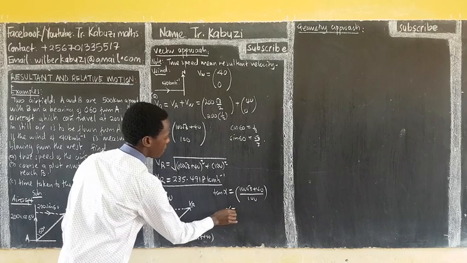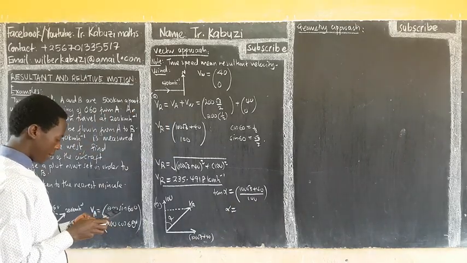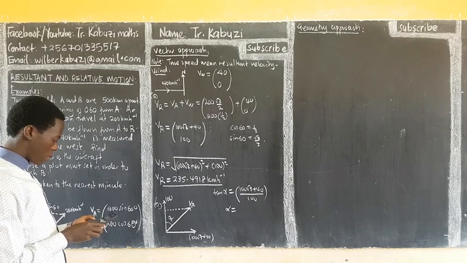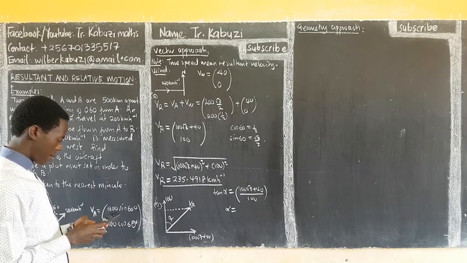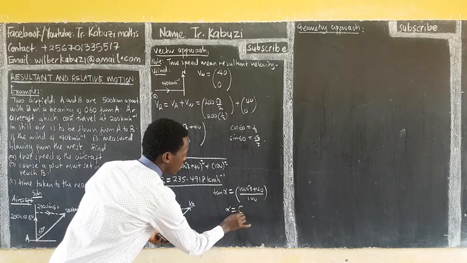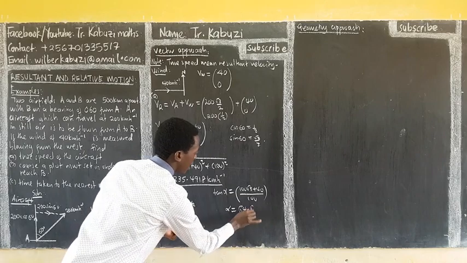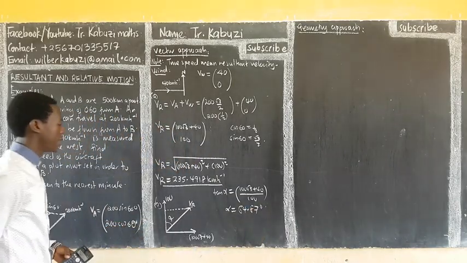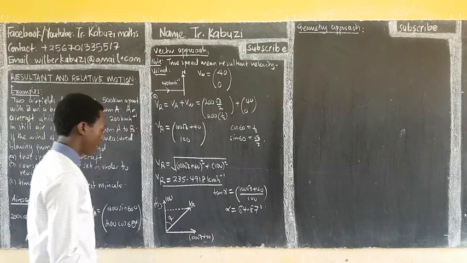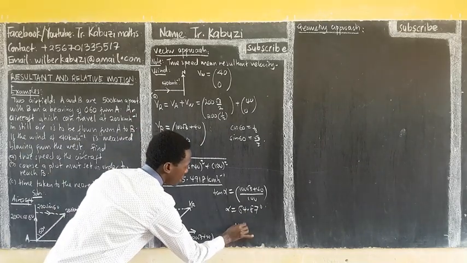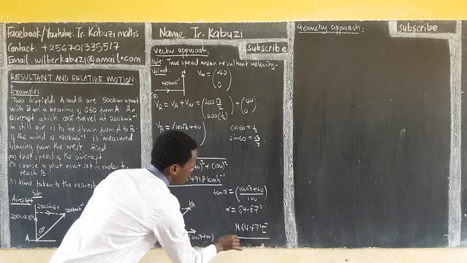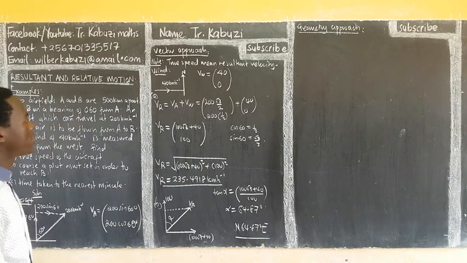And so from there, my alpha will be 64.87 degrees. So meaning the course we should set is north 64.87 degrees towards the east. As simple as that. So there we have finished the question.